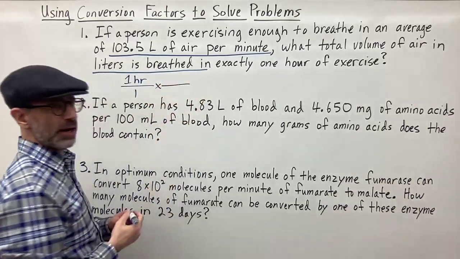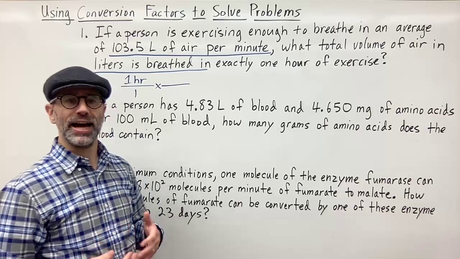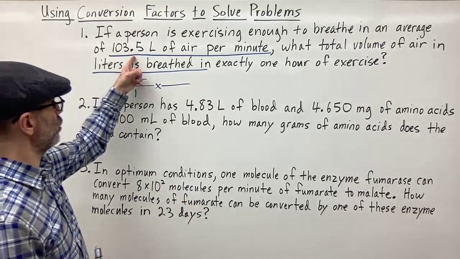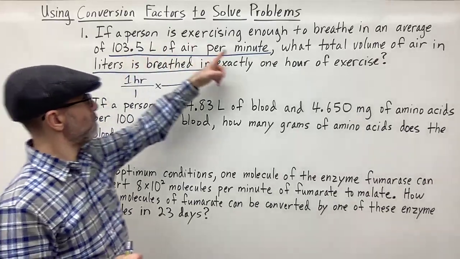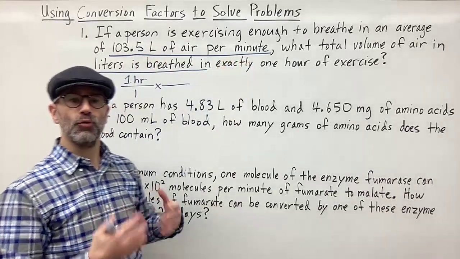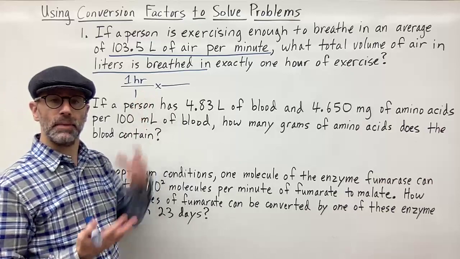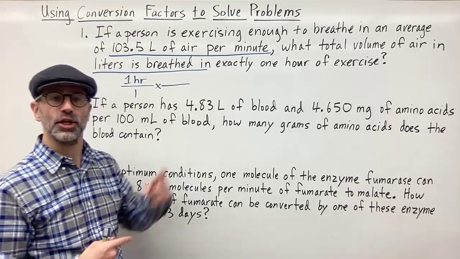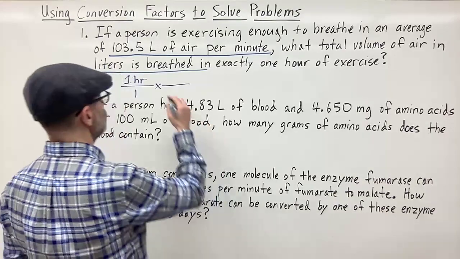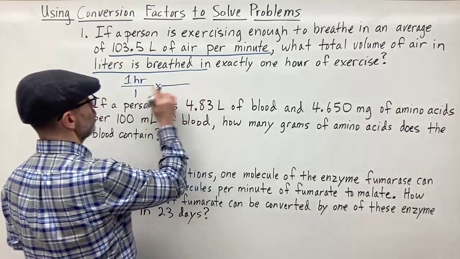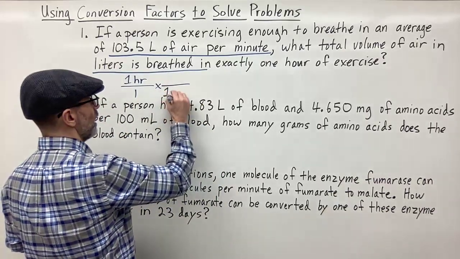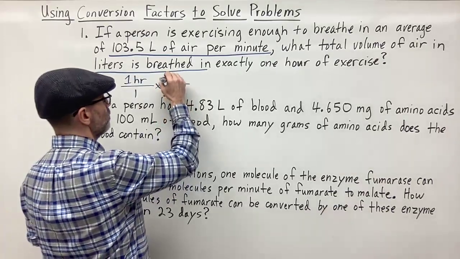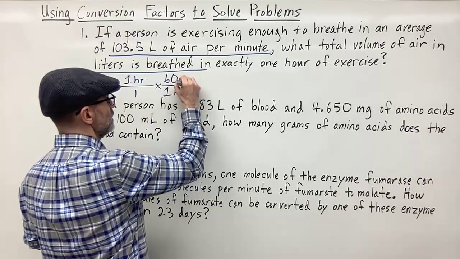We have an hour of time, and we want to convert that to something else. Here we have this relationship between liters of air per minute of time. So if we could convert hours to minutes, we could then use that conversion factor to convert minutes to liters of air. So let's go ahead and do that. We're going to convert hours to minutes. 1 hour is on the bottom to cancel out with hours on top, and that's going to be 60 minutes on top.